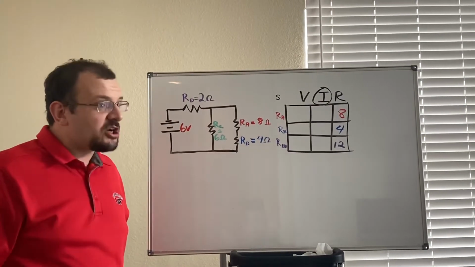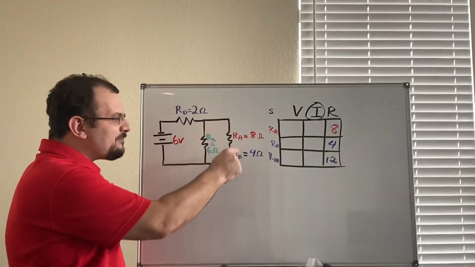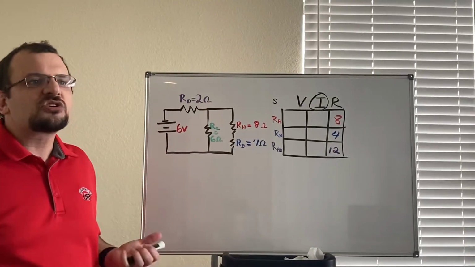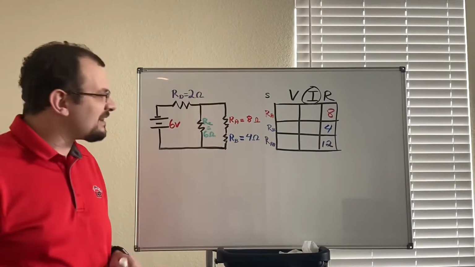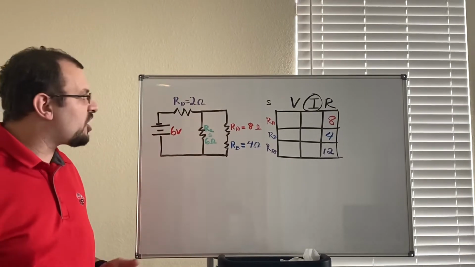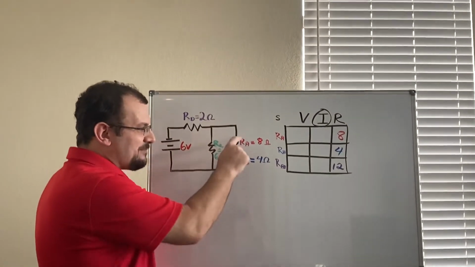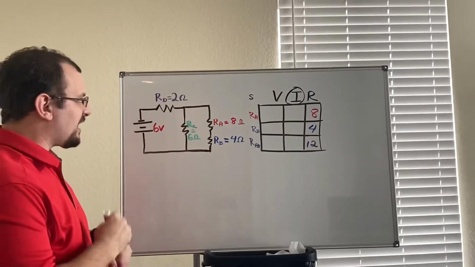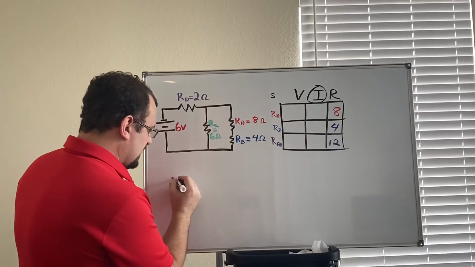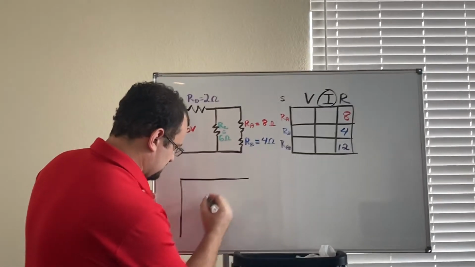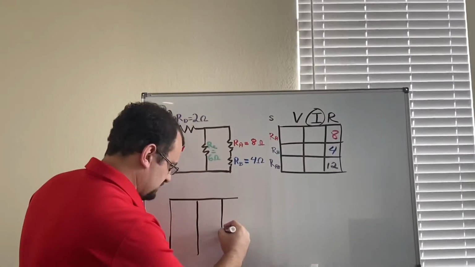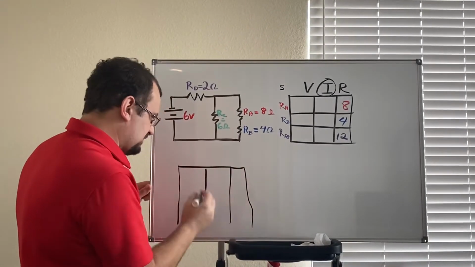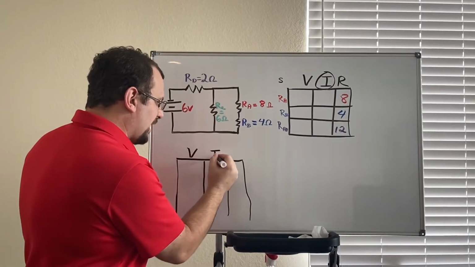The reason we're going to do that is that resistor AB has equal access to voltage with resistor C, so those are going to be in parallel. And now we can make a new chart that's going to have resistor AB in parallel with resistor C. So let's see what that looks like. I'm going to make a new chart and put Ohm's law over the top, so V equals IR.